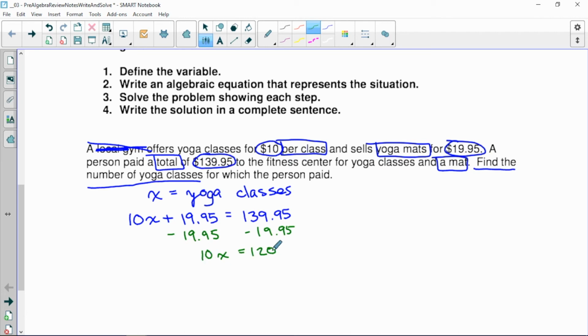And then I'm going to take the final step and divide by 10. So I get 12. But 12 what? The final step is to write the solution in a complete sentence. The person paid for, that's where I go back to the underline part, 12 yoga classes.